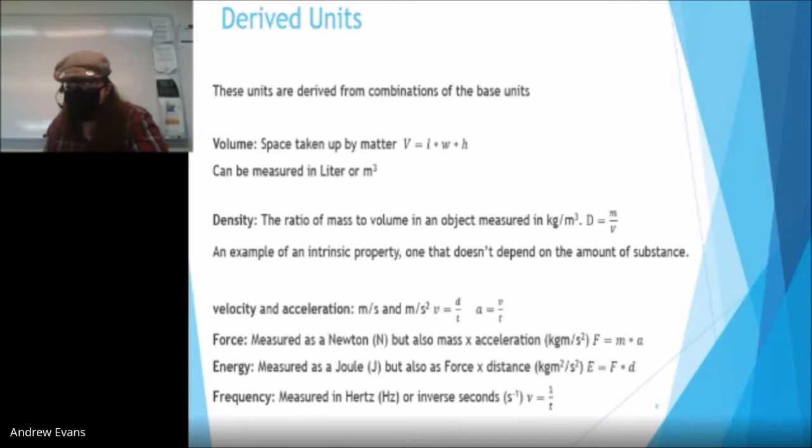And energy, which is one we will use quite often, is actually another physics swap. We're going to measure energy as a joule, but a joule is derived from a force applied over a distance. So I put a Newton force and I push it some amount of distance.